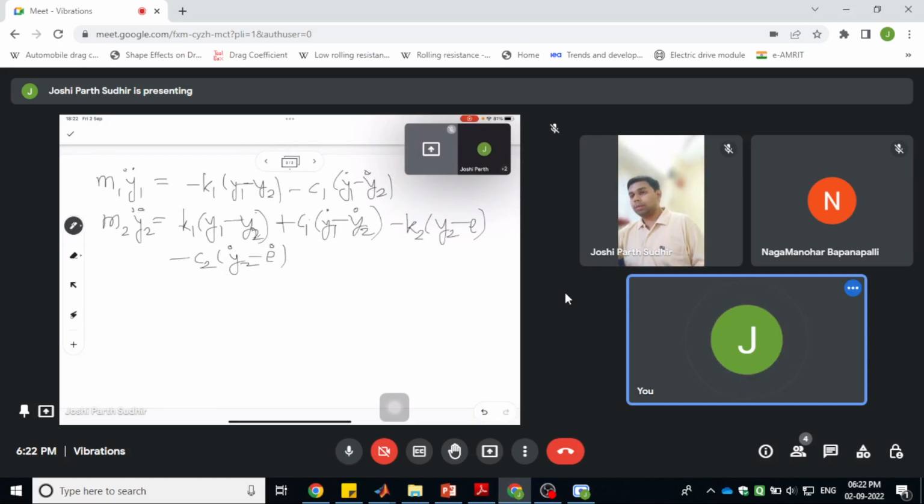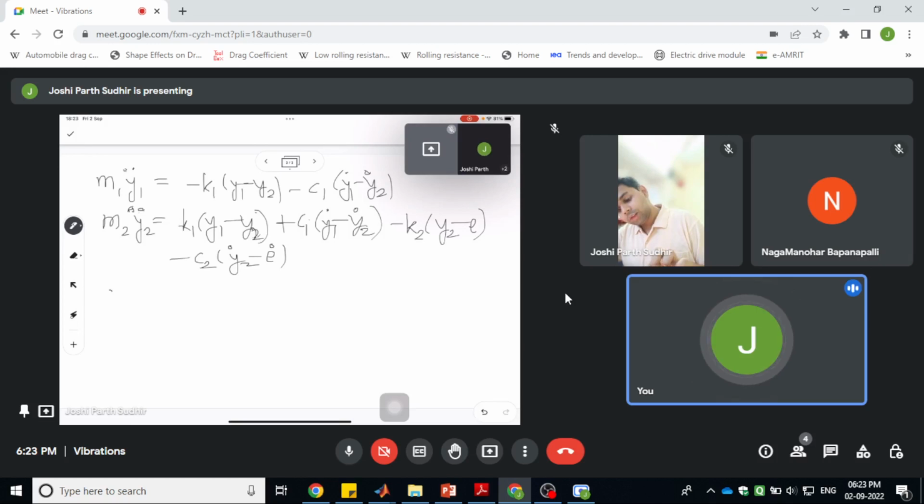So then basically we get these two equations of motion, and we can write these equations of motion in a matrix form, which will help us in collecting all the terms together. The form of the equation of motion will look similar to the single degree of freedom equation of motion.